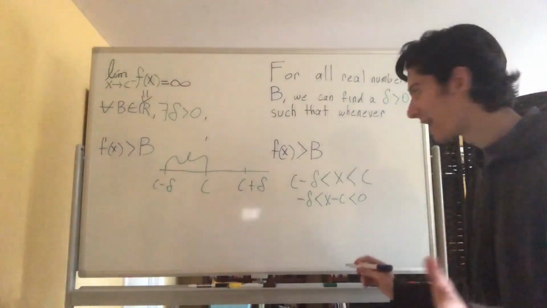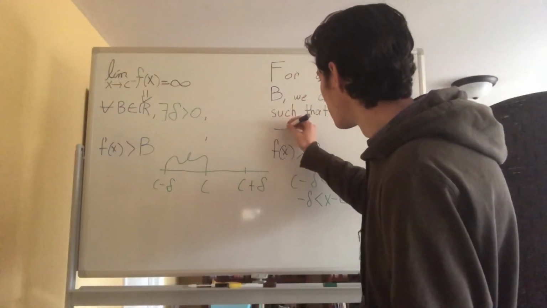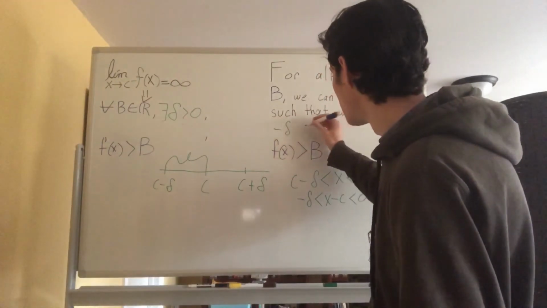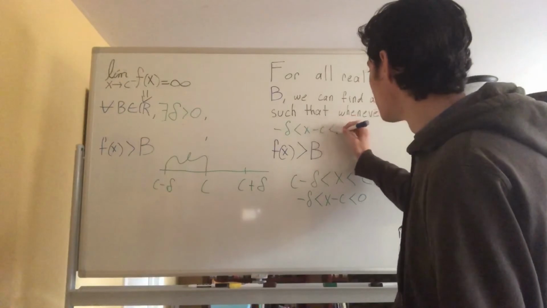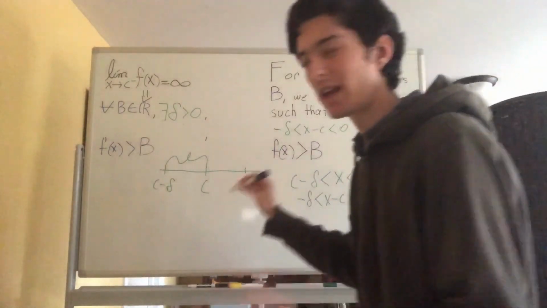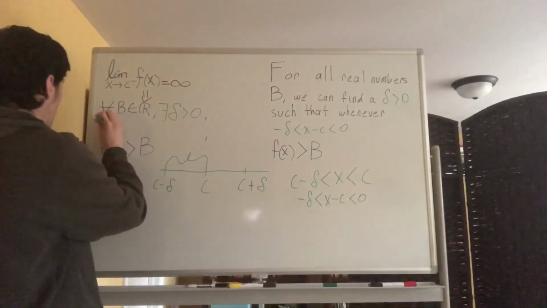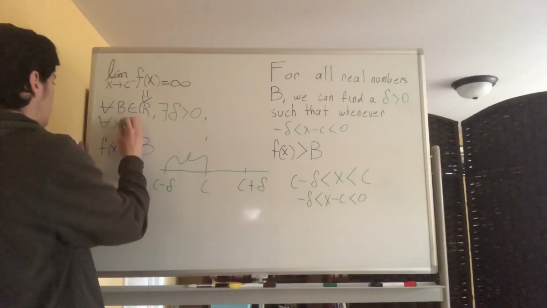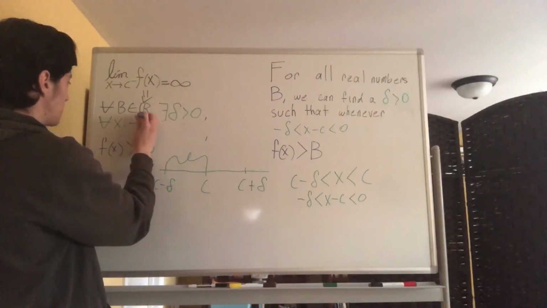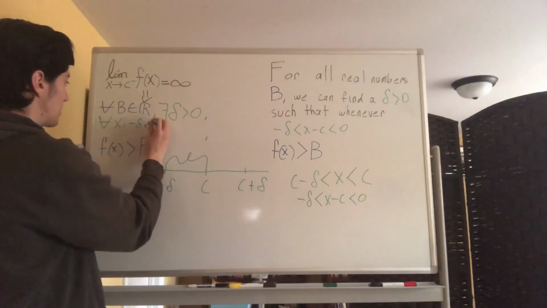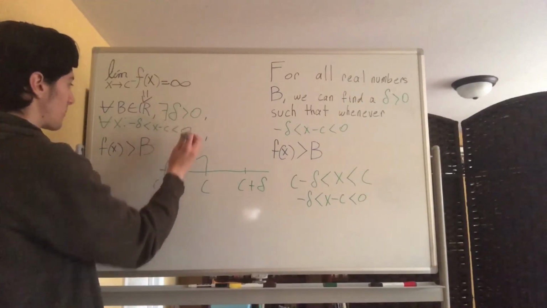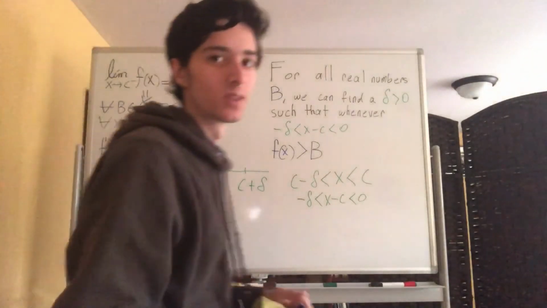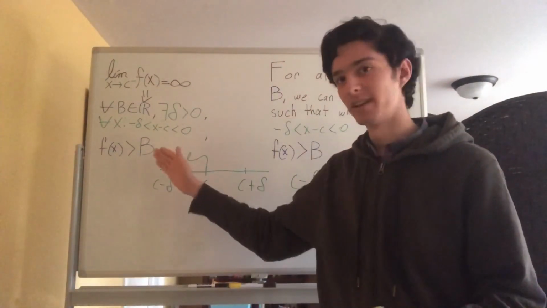So we can write this back in, and we can write it in here with quantifiers, again for all x where negative delta is less than x minus c, which is less than 0, that it will meet our condition.